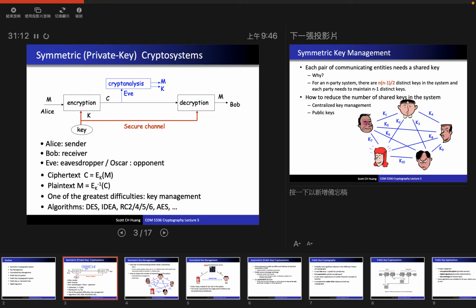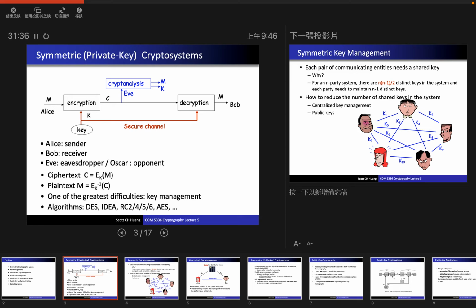Public key cryptosystems can be used to establish a secure channel. That's important, because public key cryptography does not require any secure channel at all.